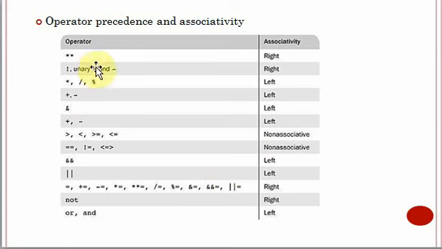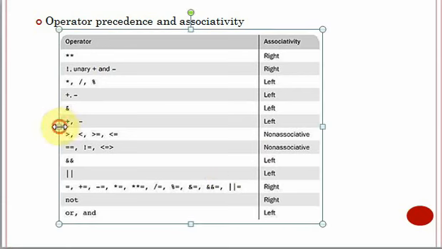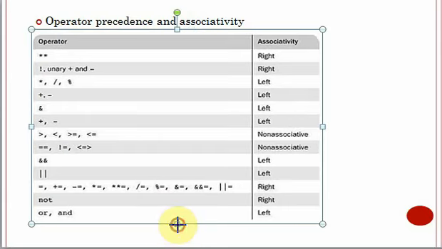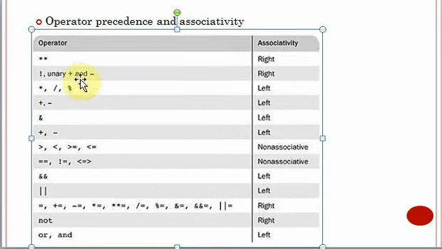The first one is the exponentiation operator, which has the highest precedence. Then you have the unary operators, then binary, then plus, then bitwise and, then relational operators, logical and, or, then checking for equality, then not, and, or. So these have the lowest precedence.